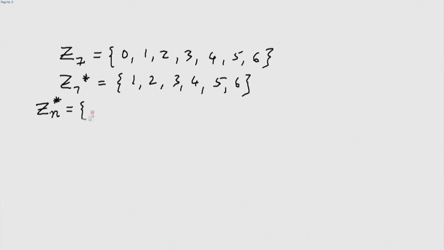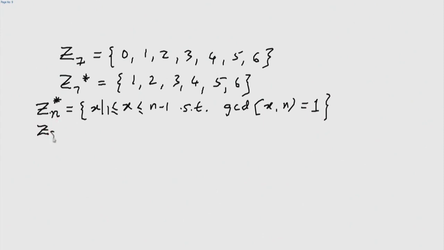The definition of this thing is all the integers x lying between 1 and n minus 1, such that GCD of x and n is equal to 1. As an example of this, I can define Z8 star, and Z8 star with the operation multiplication modulo 8 is also a group. So this thing will be 1.